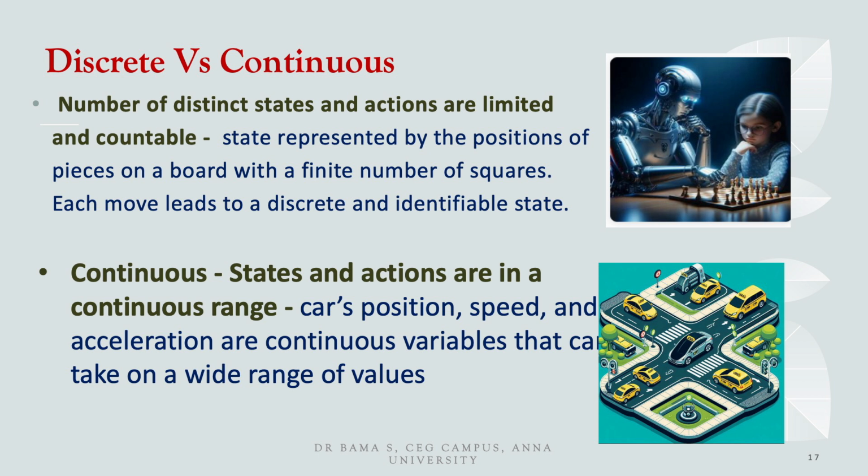Whereas in the automatic driving scenario, it is continuous, a continuous range interval. Say for example, the car's position, speed, acceleration, these are continuous variables, and they can take a wide range of values, so it cannot be made discrete.